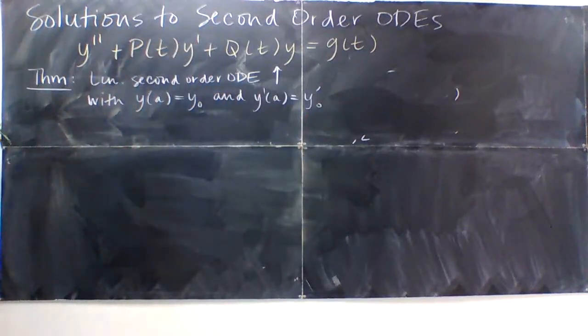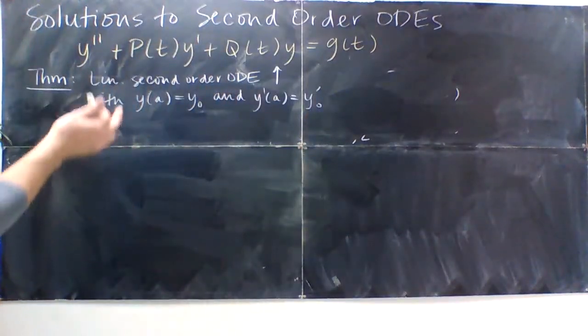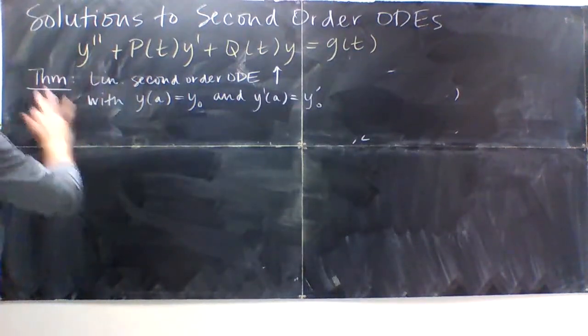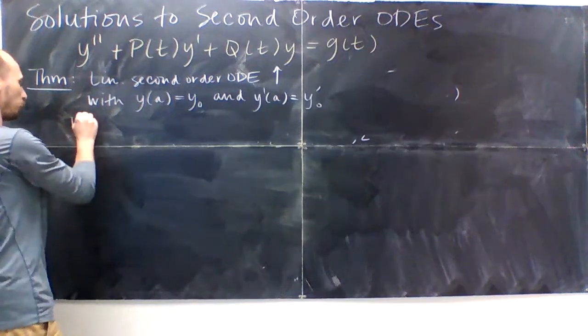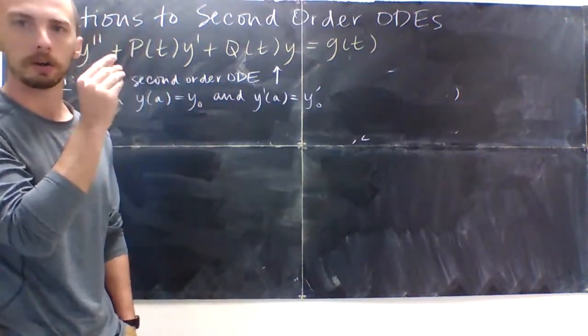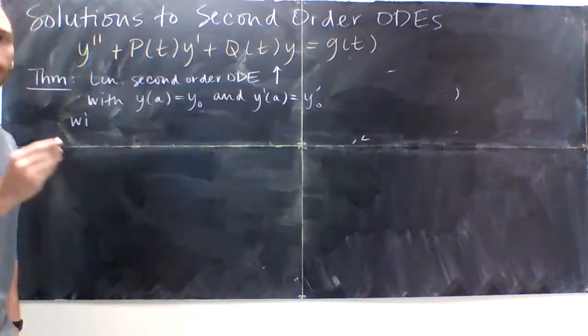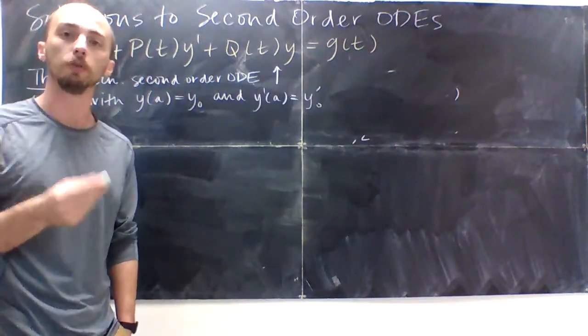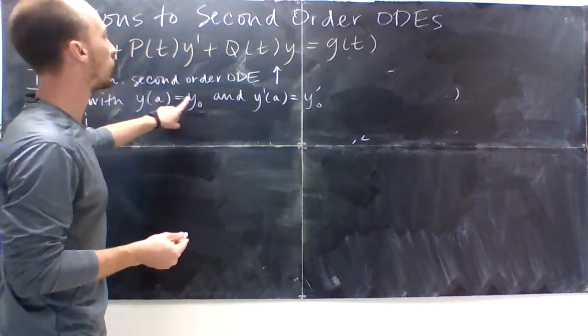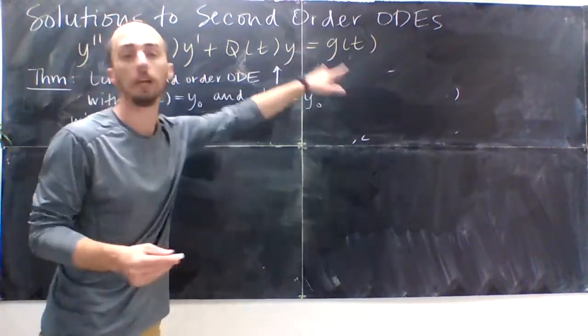So basically, if it comes with an initial condition and we're looking at this, it will have a unique solution provided that p, q, and g are continuous. It'll have a unique solution on a given interval that contains this point a, provided that on that same interval, p, q, and g are all continuous.